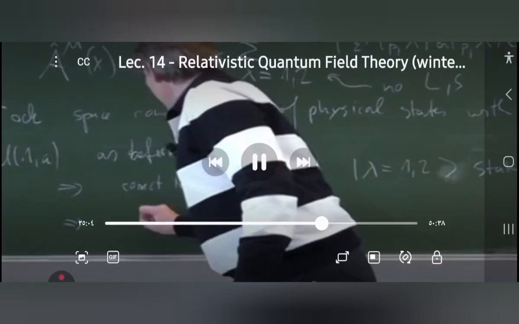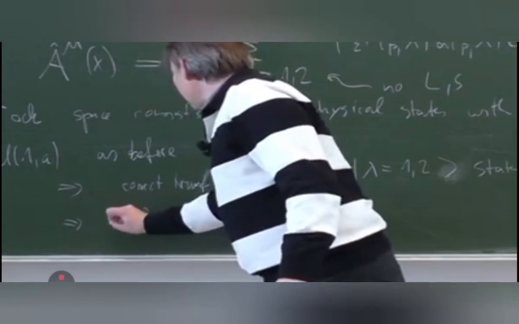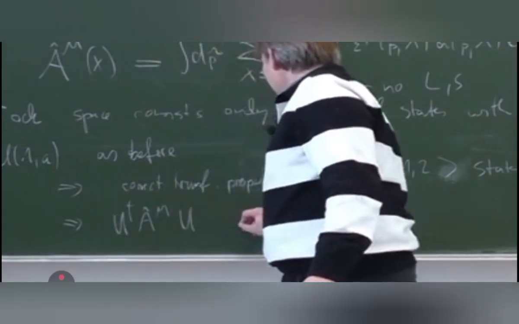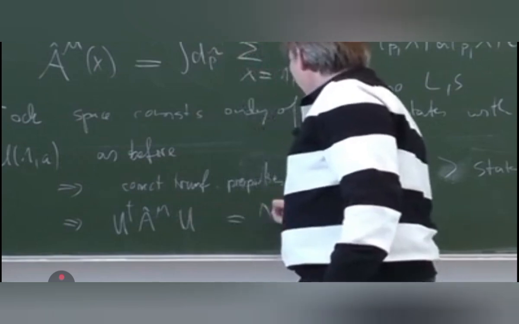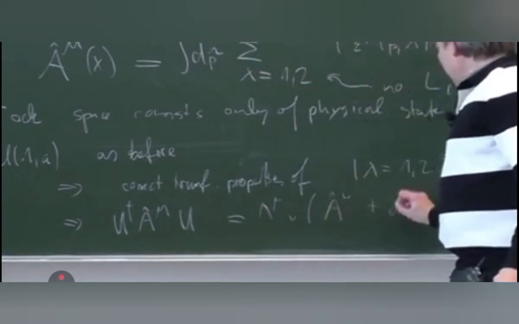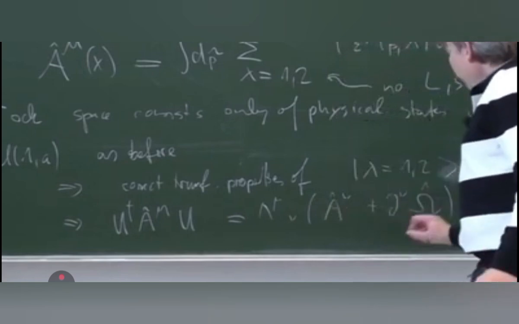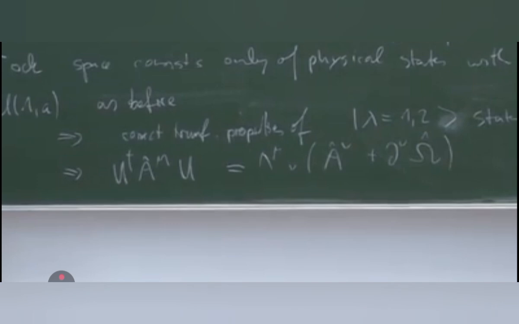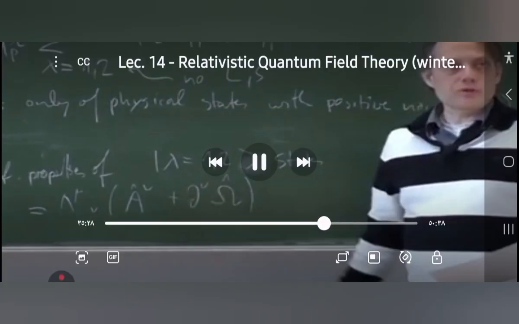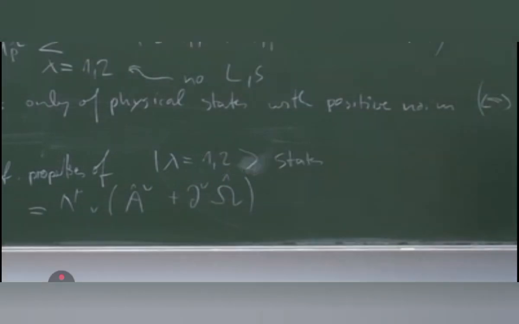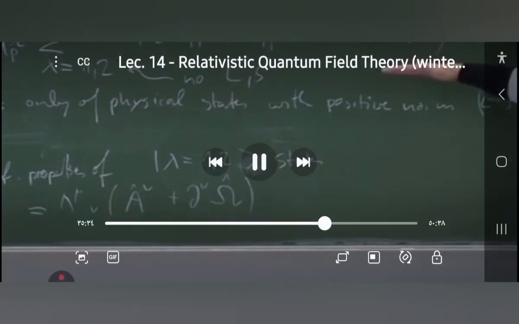But we also get this law, let me just abbreviate it, U dagger A U is equal to lambda mu nu times A nu plus D nu omega with this additional term. So the Poincaré transformation of the field operator is not covariant. That is the problem of this formalism. So the formalism is very physical.